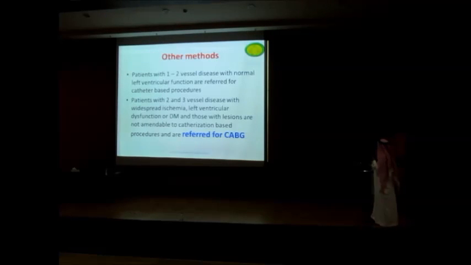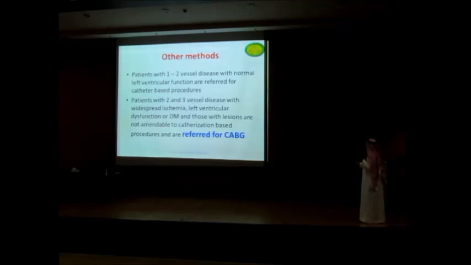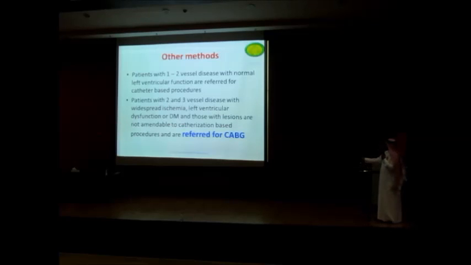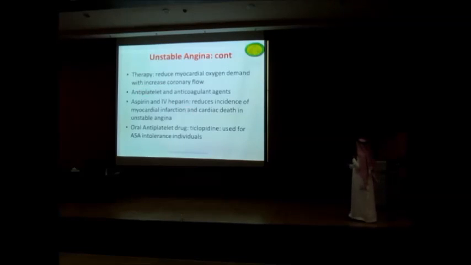Right. So if you have a patient with one or two vessel disease in the coronary arteries with normal ventricular function, they are better served with stent. If you have three vessel disease, wide area ischemia, ventricular dysfunction, diabetes, the best outcome of those patients is catheterization. So for the long-term treatment, they have to be on antiplatelets, they have to be on aspirin.